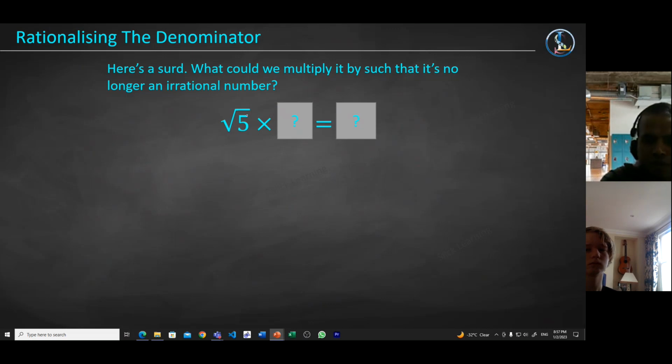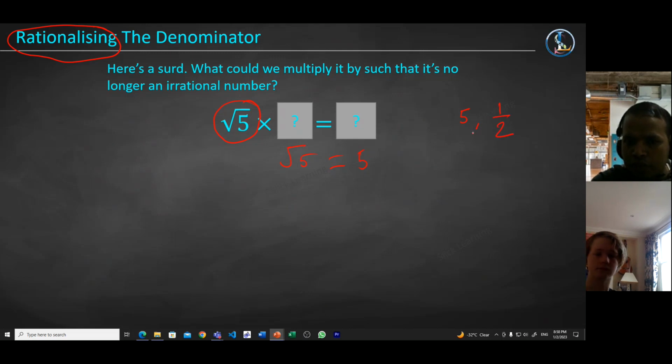Since square root of 5 is an irrational number, you must multiply with the same number, then only you will get a rational number. Rationalizing means you have to obtain a rational number, which must be an integer or a fraction like 1 over 2. It should not be a square root, right?